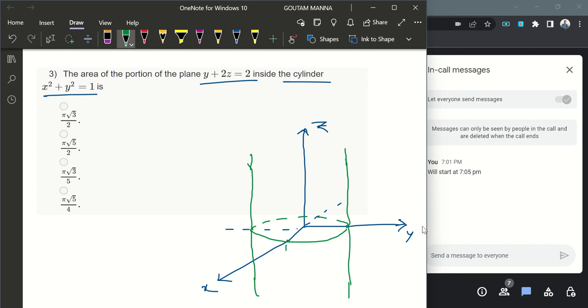This is 1 and this is 1, because in the xy plane the cylinder is a circle of radius 1, and this plane cuts the y axis at 2 and cuts the z axis at 1. So this plane will look like this. In the yz plane it's a line, and if you extend it in the x axis, it will look like a plane.